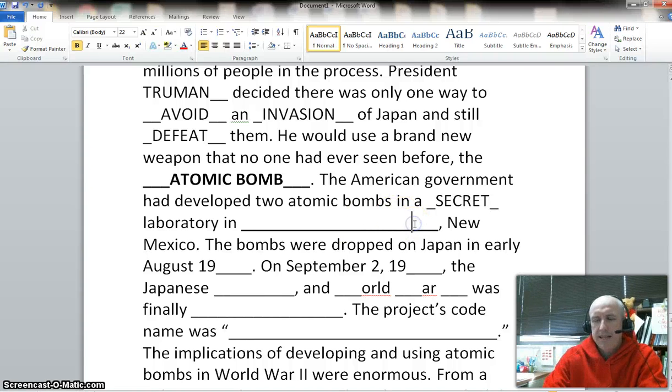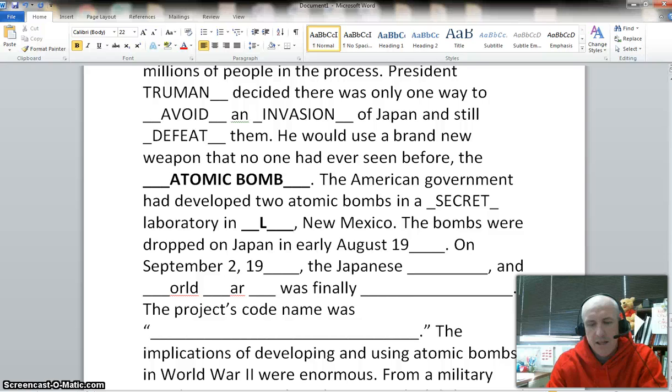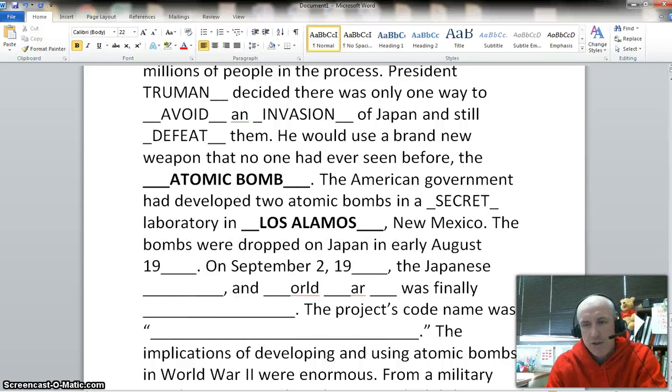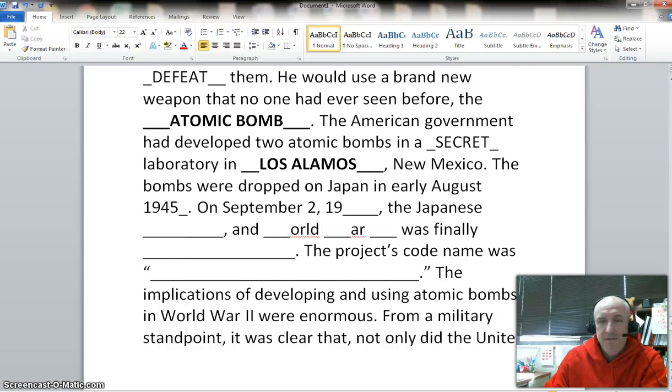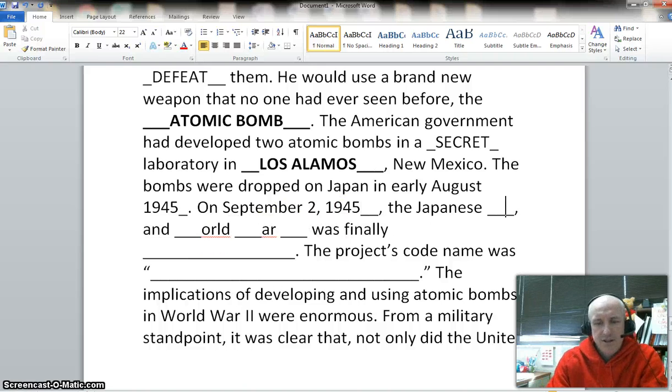And you need to know this place. The city is Los Alamos, New Mexico. The bombs were dropped on Japan in early August 1945. On September 2nd, 1945, the Japanese surrendered.